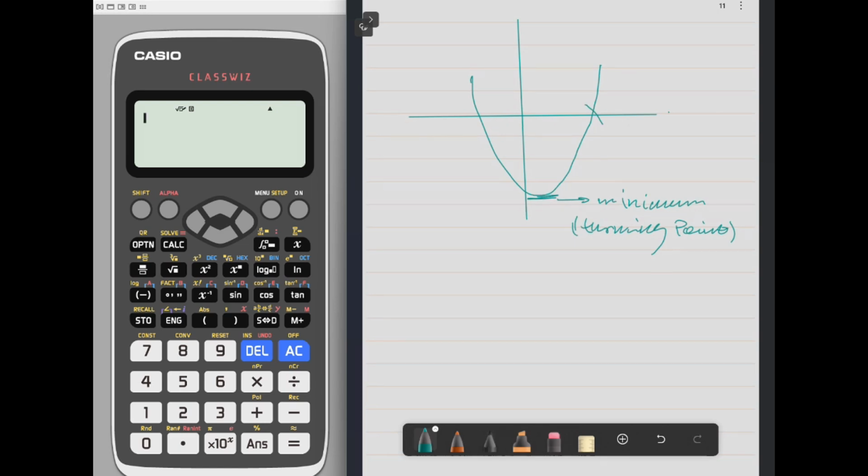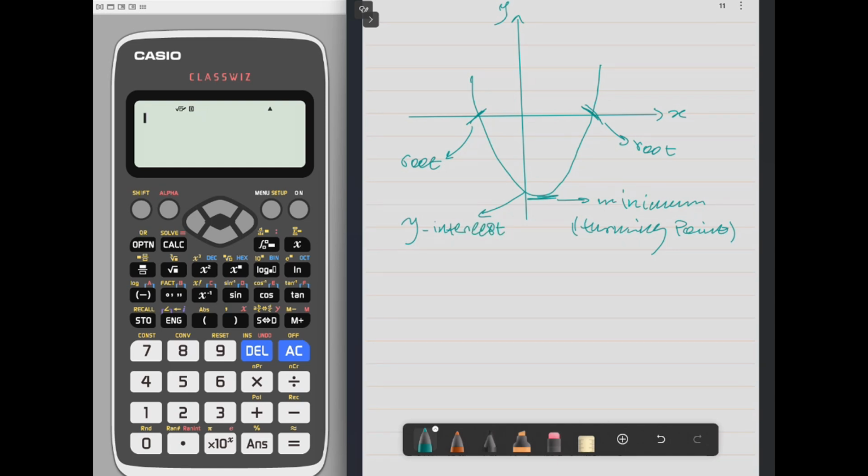Where it cuts the x-axis, let me label the axis, where it cuts the x-axis, these are called the roots of your function. And here, this is your y-intercept.